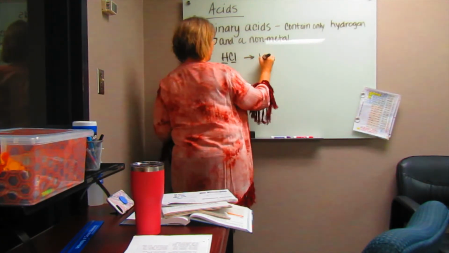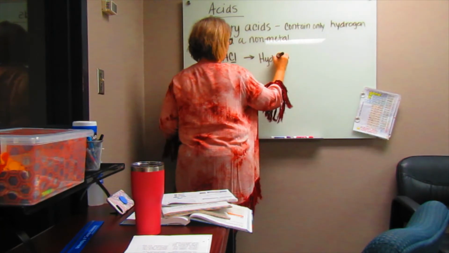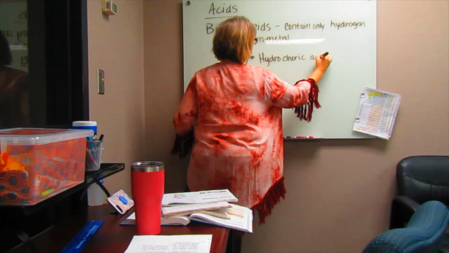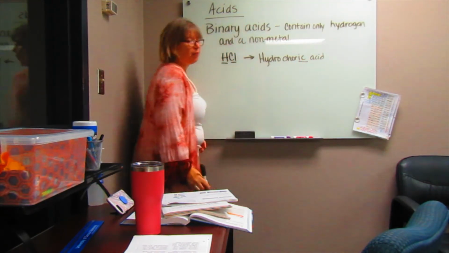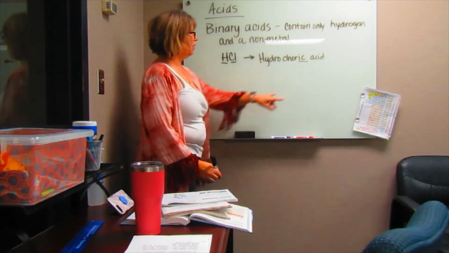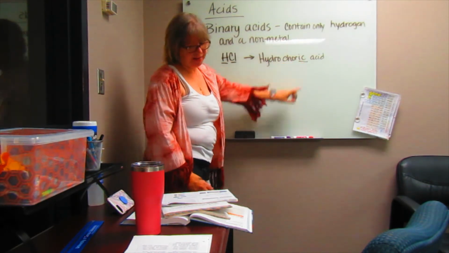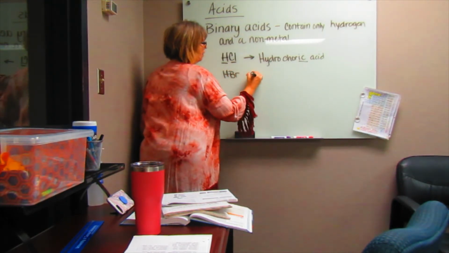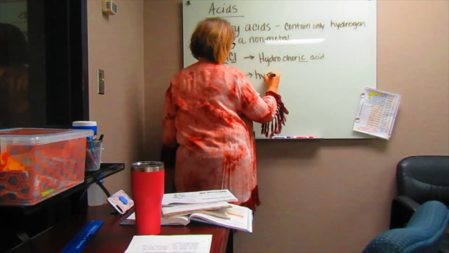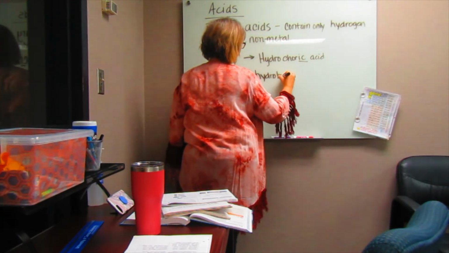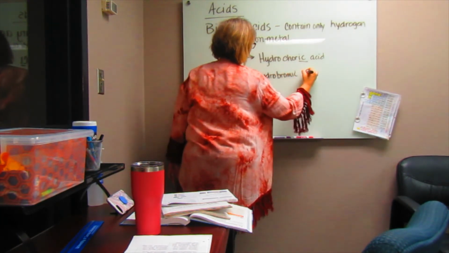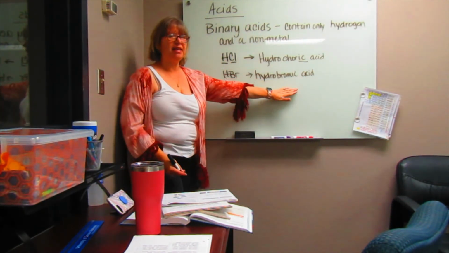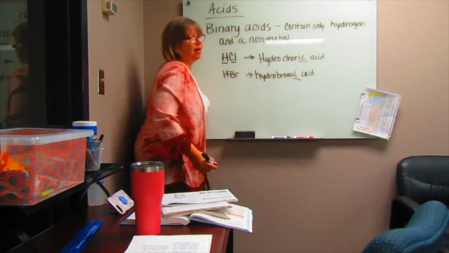So this becomes hydrochloric acid, right? So your IDE becomes an IC, hydrochloric acid. Same thing with hydrogen and bromine. So this becomes hydrobromic acid. So with binary acids, we lose our IDE and it becomes an IC.